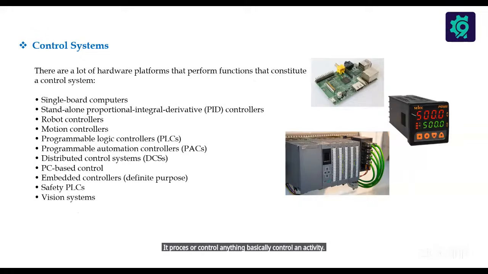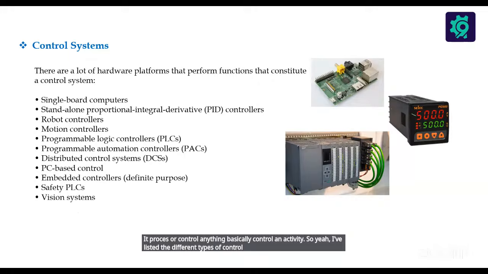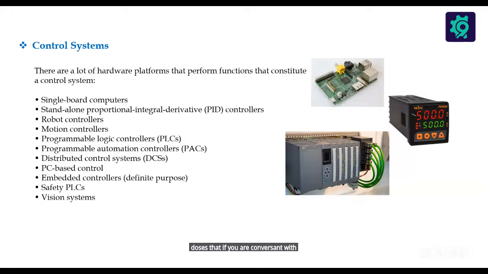So here I've listed the different types of control system. You have the single board computers, and standalone proportional, integral, derivative controllers. If you are conversant with control theory, where we talk about PID, that is proportional integral derivative, the proportional part defines that when you have an error on your system, the way your system responds to that error is proportional to the magnitude of that error.